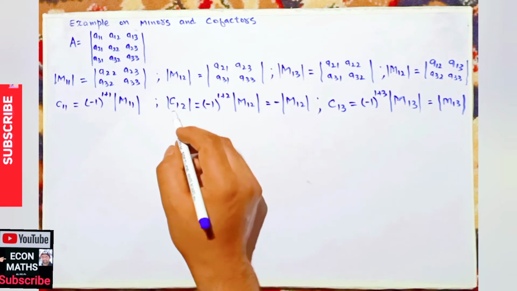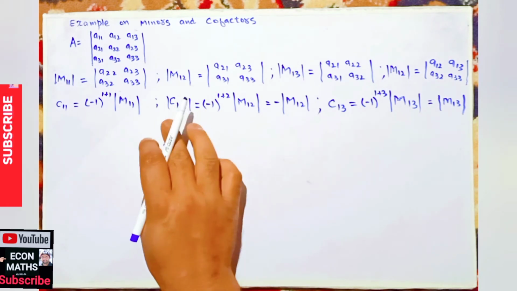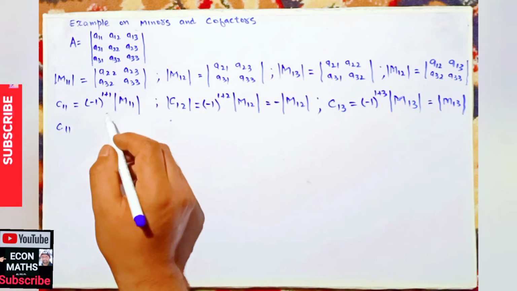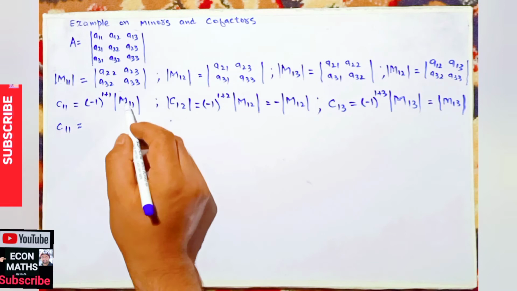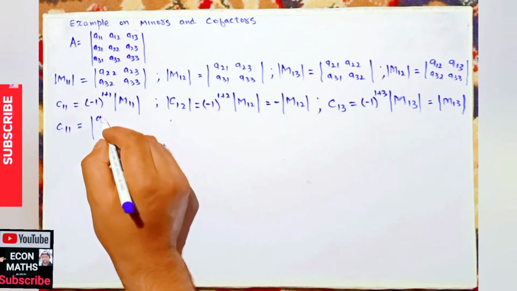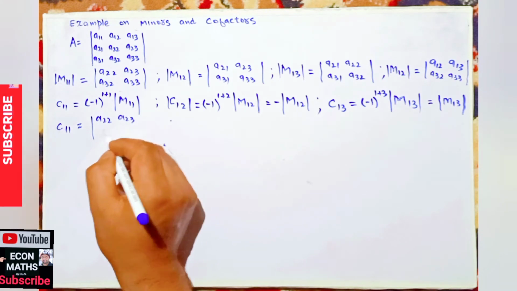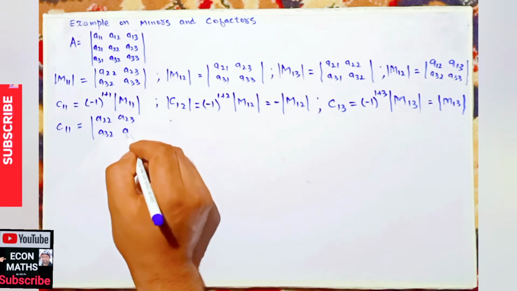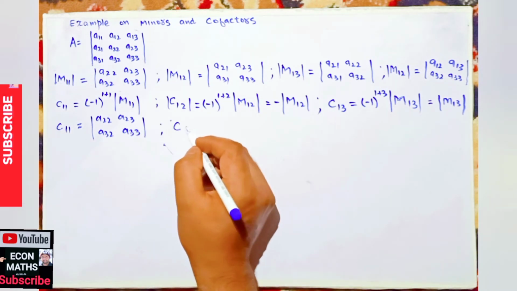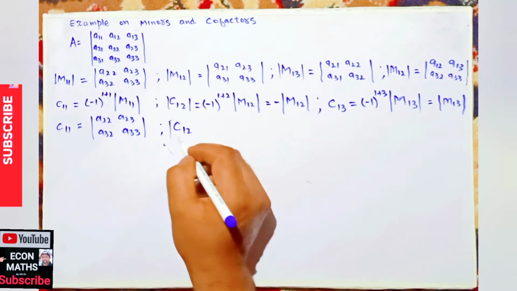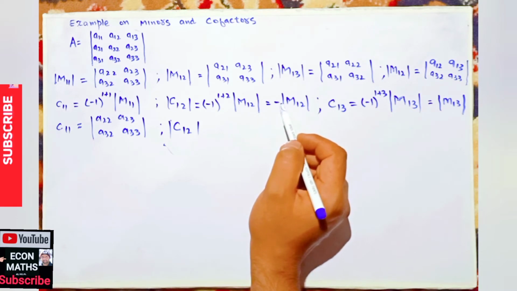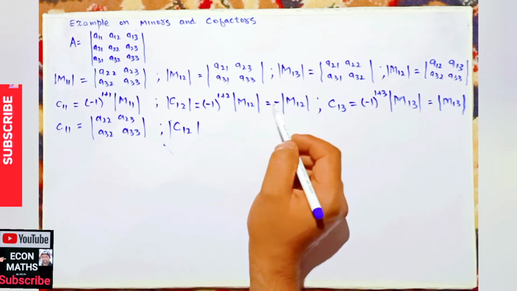So the first cofactor C11 will be the positive one. The first minor was our A22, A23, A32 and A33. Similarly, the second cofactor C12 is equal to minus times A21, A23, A31 and A33, since the sign of the second cofactor is minus, as we have seen here.